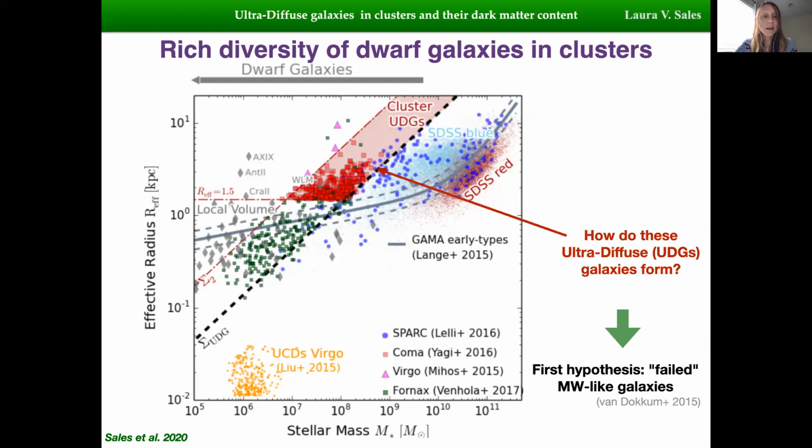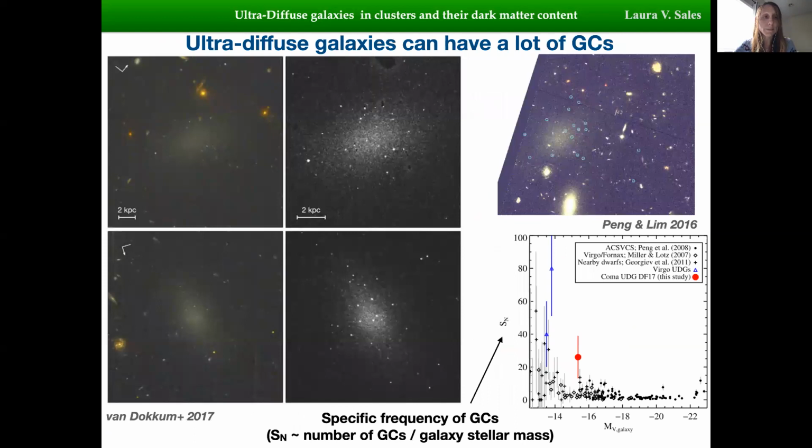Since the discovery of many of these in Coma and then in other systems as well, the key question has been: how do these ultra-diffuse galaxies form? And also, what is their dark matter content?